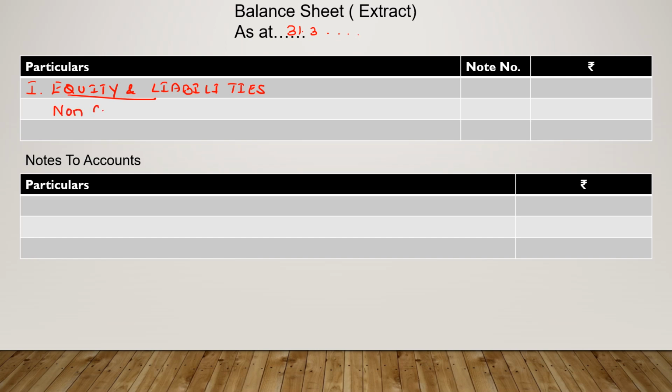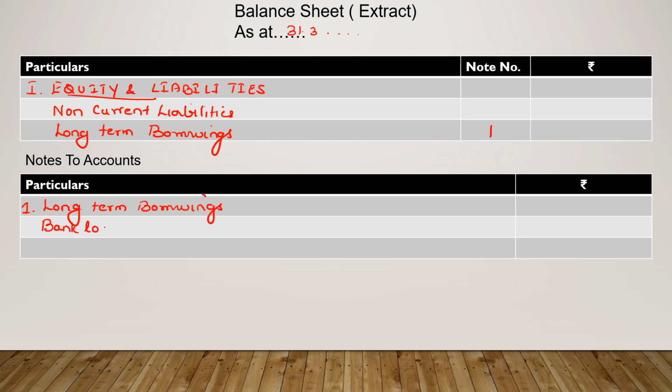And therefore, the main head is non-current liabilities. Under that, we have the head of long-term borrowings. And we will give the note number, say, as 1. So in notes to accounts, note number 1, we are going to have the head long-term borrowing. And the borrowing is nothing but our bank loan from State Bank of India, which is an amount of rupees 10 lakh.